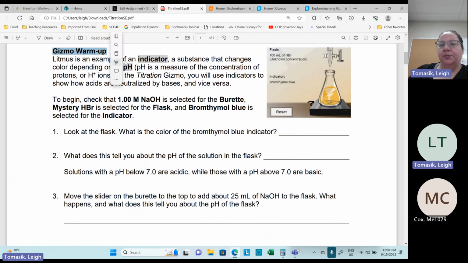So there's a gizmo warm-up, right? And it will show you how to select what's in the burette, that's your titrant, and what is in your flask, which is your unknown, your analyte, right? And it's gonna show you that we have lots of different indicators.